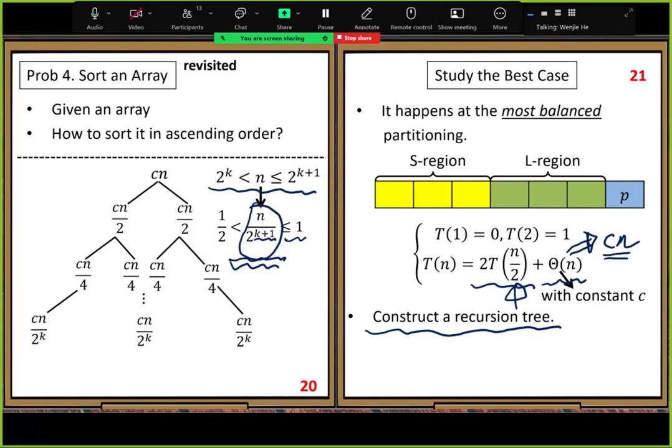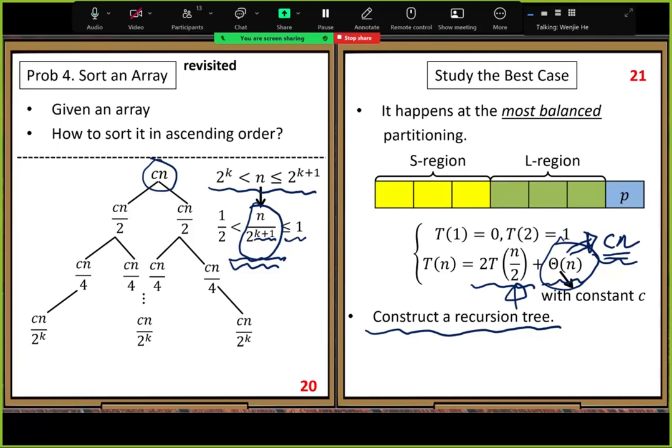Before we do a split, there is the non-recursion cost, because this term is not a recursion. So the non-recursion cost is C times n. Then at the next level, you have 2 nodes, because one node splits into 2 nodes.